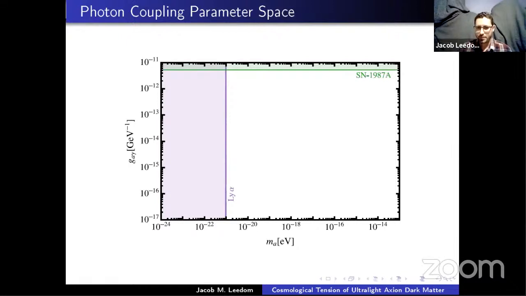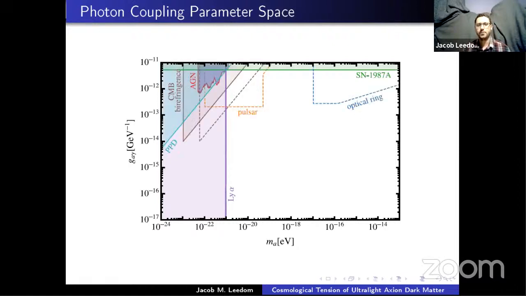Now we can fill in this parameter space with some existing and future bounds. Solid lines correspond to existing bounds, and dashed lines correspond to future ones. So here you've got various contributions: protoplanetary disks, CMB birefringence, active galactic nuclei, and then eventually pulsars and optical rings that are going to be filled in here.